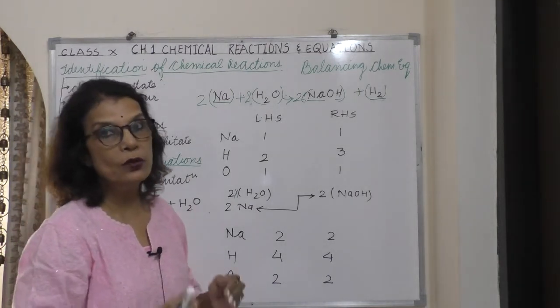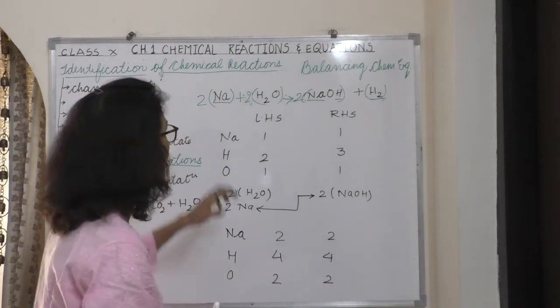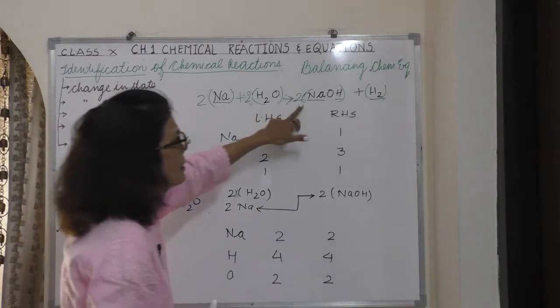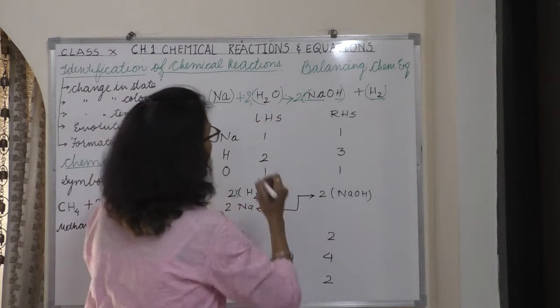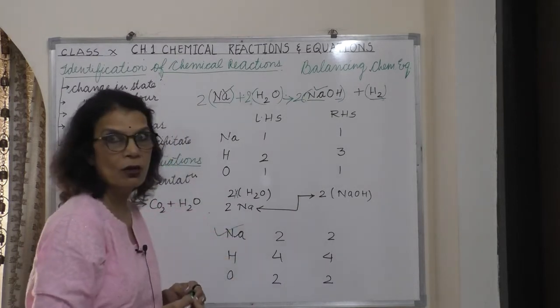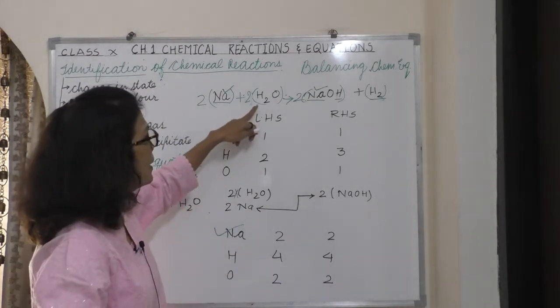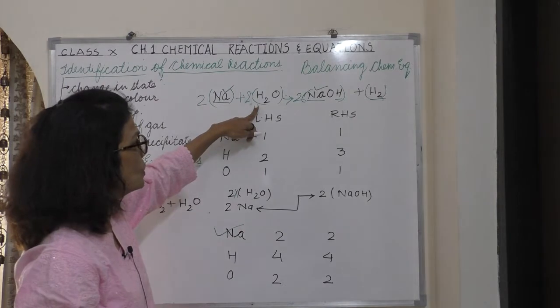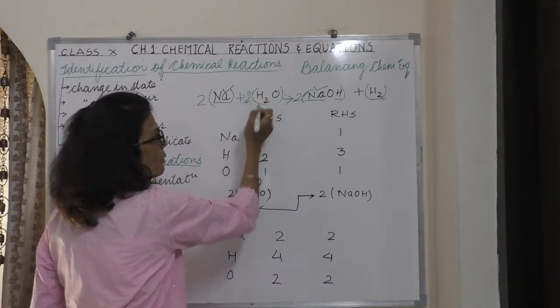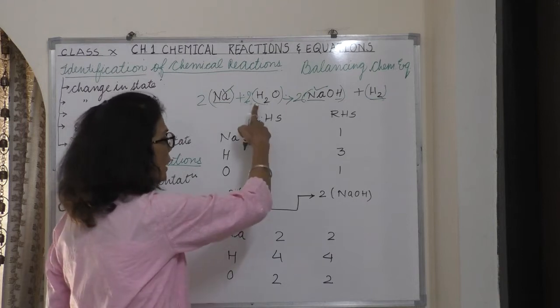How am I going to check? I am giving you an idea. Here on the left hand side I have 2 Na molecules. Here on the right hand side again I have 2 Na, meaning Na is balanced. Coming to the next, H2, just observe H2 and 2, 2 twos are 4, meaning I have 4 hydrogen molecules.